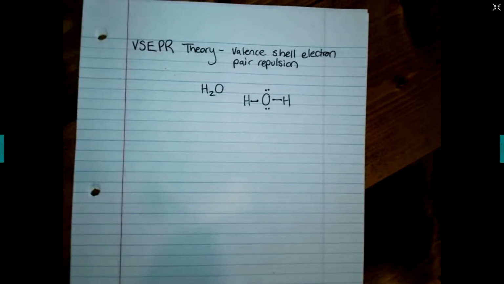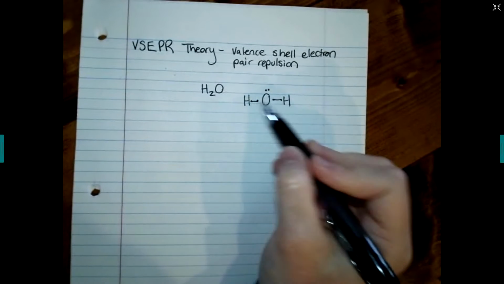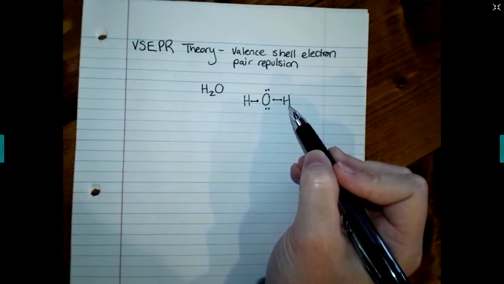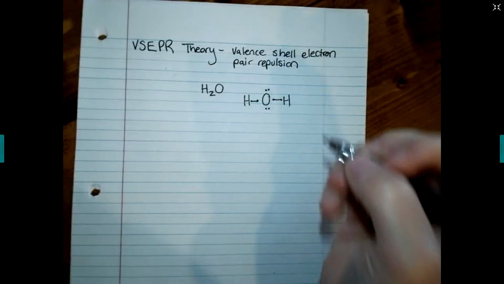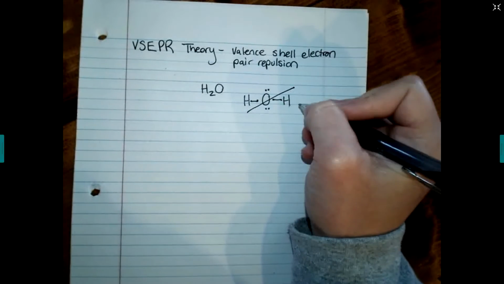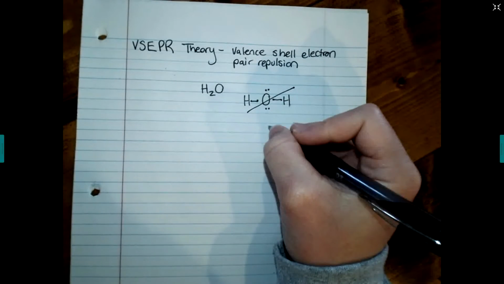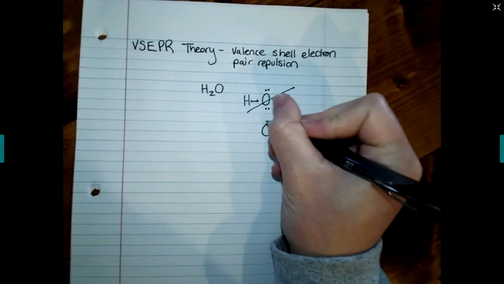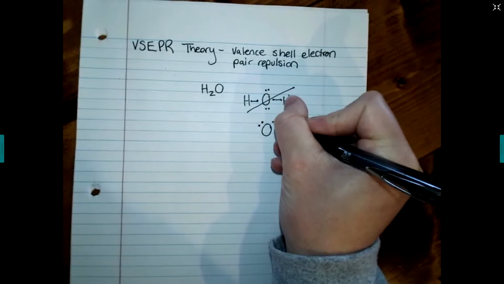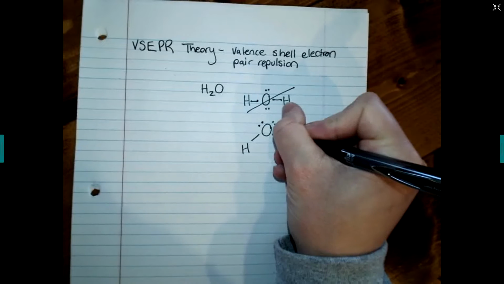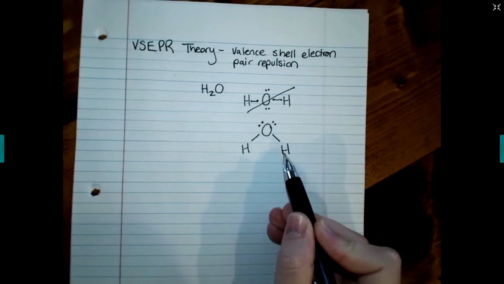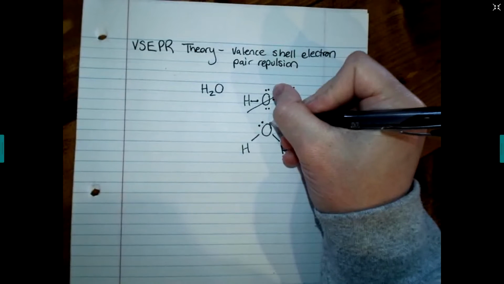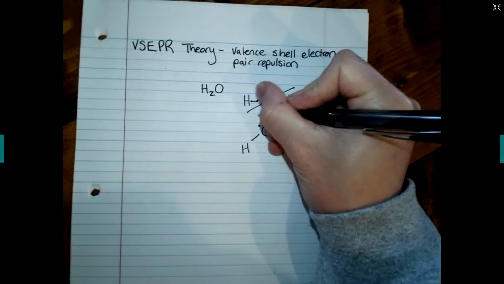But what really happens is, yes, those hydrogens want to get as far away from each other as possible, but they also are repelled by these lone pairs of electrons. So the real shape, if you wanted to draw your Lewis structure to reflect what shape is being formed, would look more like this, where you've got your hydrogen atoms as far away as they can be from each other, but they're also trying to get away from these lone pairs.